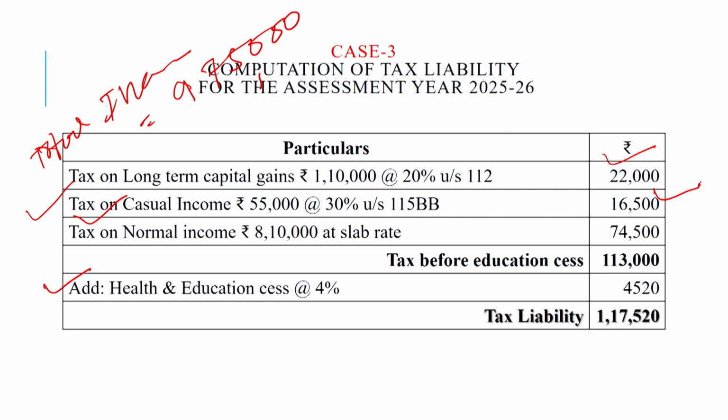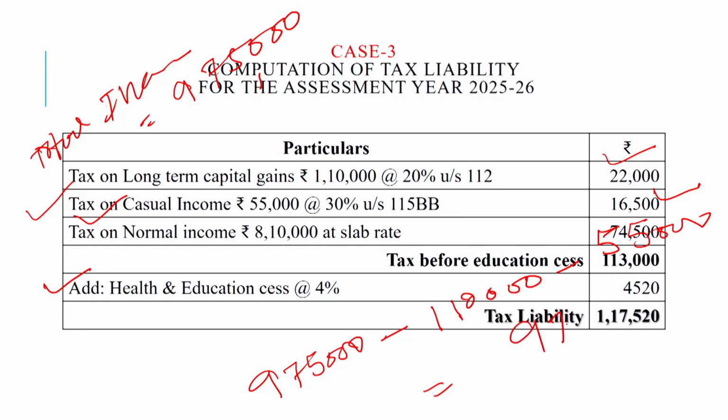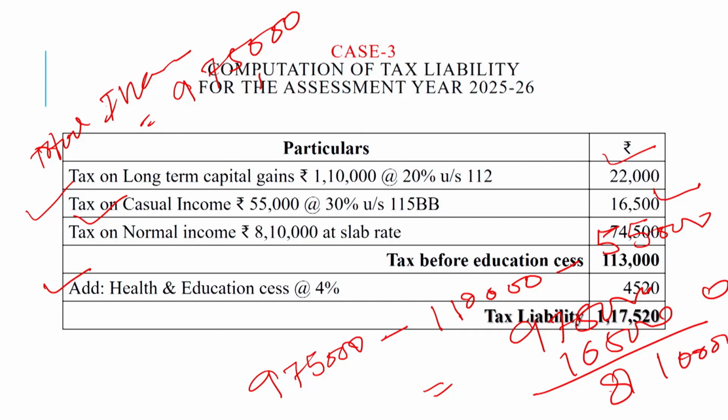The rest of the amount will be rupees 8,10,000. How 8,10,000? 9,75,000 minus 1,10,000 minus 55,000. 1,10,000 and 55,000 make 1,65,000. 1,65,000 subtracted from 9,75,000 comes to 8,10,000.